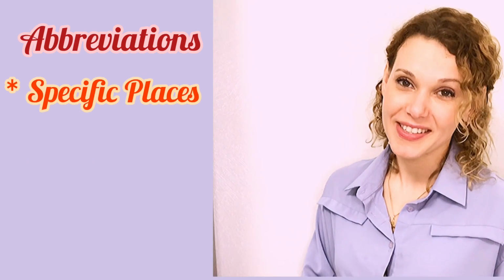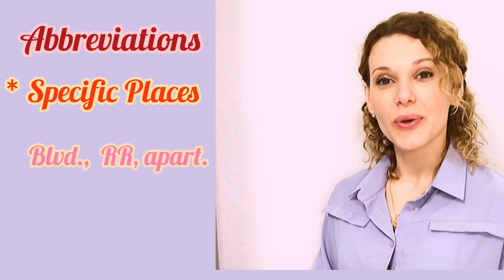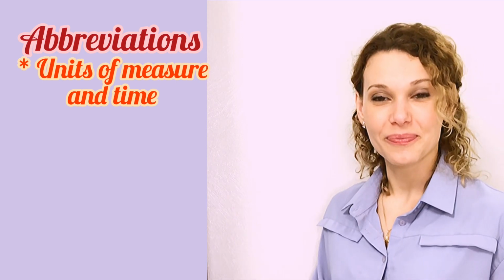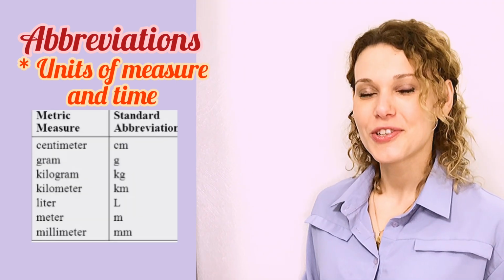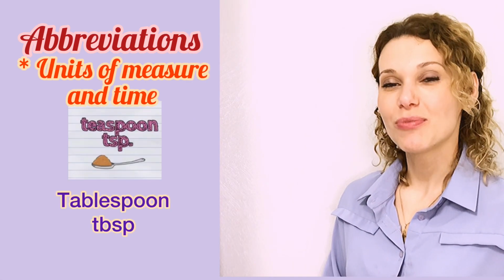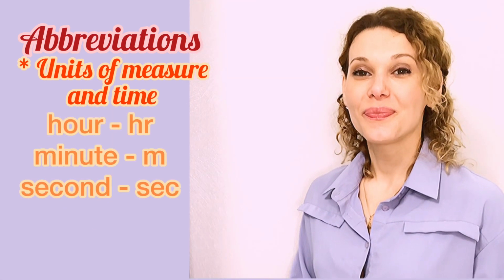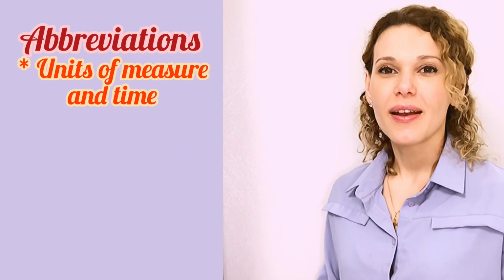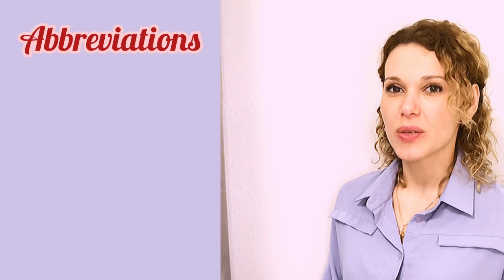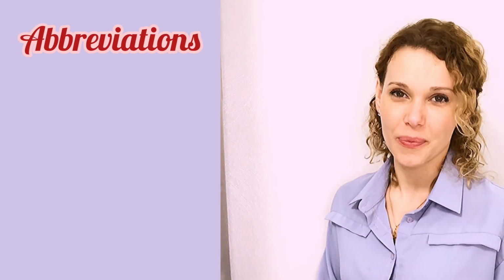Specific places, boulevard, railroad, apartment, and units of measure and time, for example liter, inch, kilometers, teaspoon, tablespoon, hour, minute, second, and any other miscellaneous words. Please note that in speaking we should use the full forms of the words.